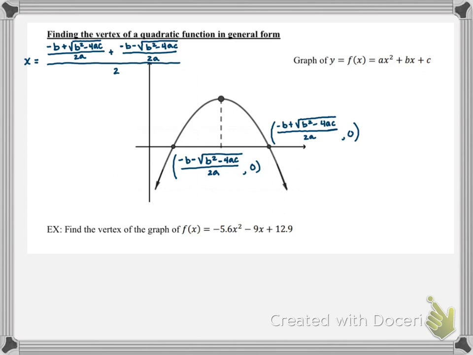When I add them together, I just get 0, because they're exactly the same except they're opposites. That makes this a lot less messy. In the numerator, I just have negative b plus negative b, so I get negative 2b over my common denominator of 2a, and that whole thing divided by 2.